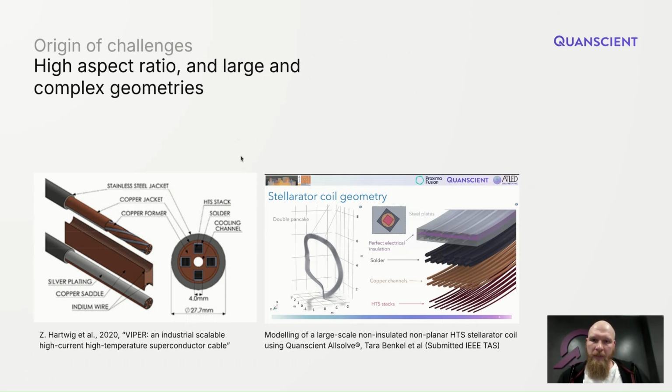So, origin of challenges. You are very well aware of this. They are typically the high aspect ratio and the large and complex geometries, especially in fusion field. Here we have a couple of examples. The other one is a Viper cable example, you can see that there are HTS stacks embedded in conducting materials, and the cable is twisted itself.